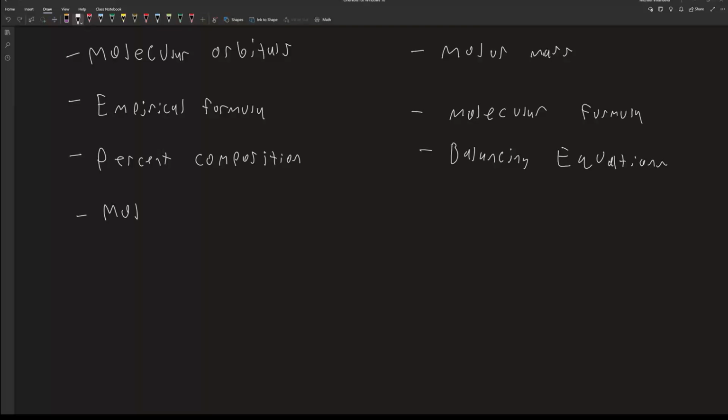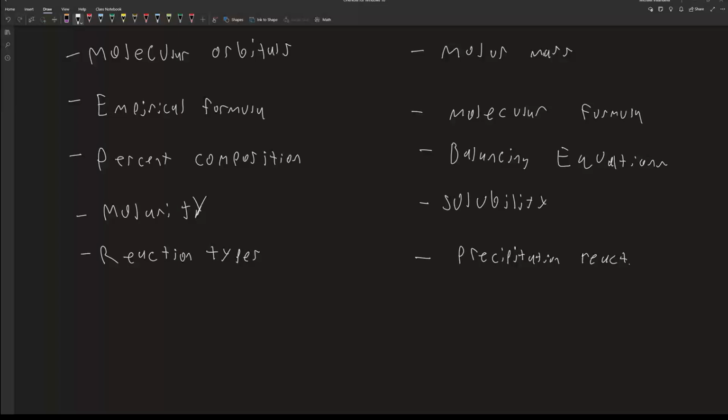Molarity. Solubility. Reaction types. Precipitation reactions. Oxidation reduction. Acid base.